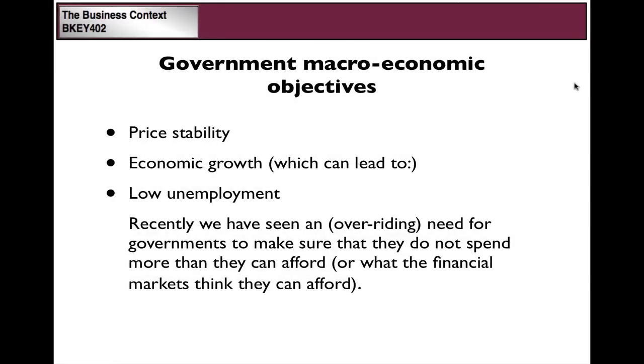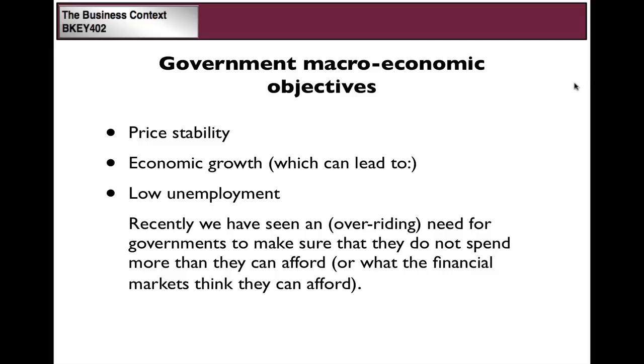Now, in general, there are government macroeconomic objectives which almost everybody will agree to. There is no enormous dispute between the supporters of either Keynesian or monetarist macroeconomic theory as to these objectives. So the objectives are fairly straightforward. Price stability, that is to say we don't want lots of inflation because that causes instability.